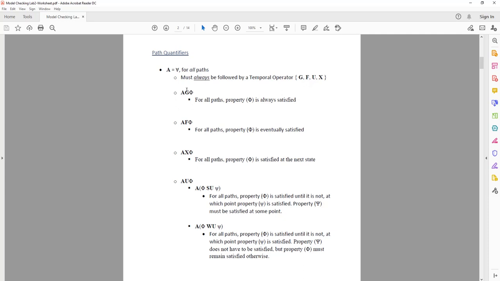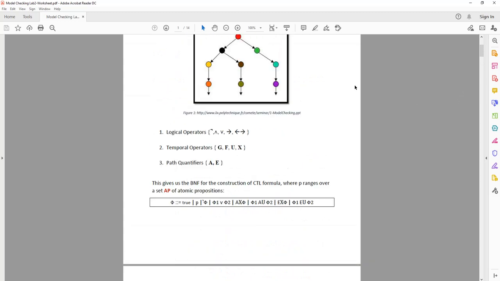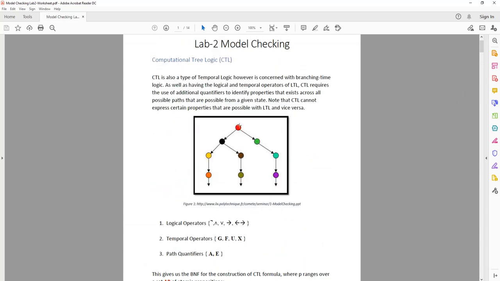So let's go through A, for all paths. AG phi: for all paths, property phi is always satisfied. This is the same as the LTL formula, it's going to be always satisfied, and now we're just checking that this holds across all paths in our tree. It's going to go down this path, and this path, all the paths.